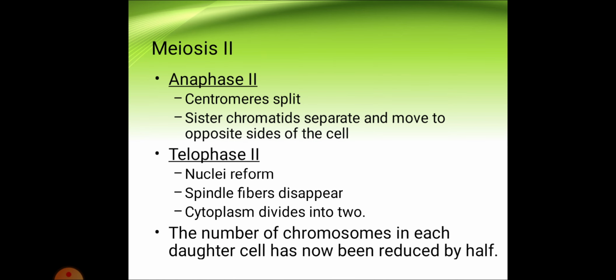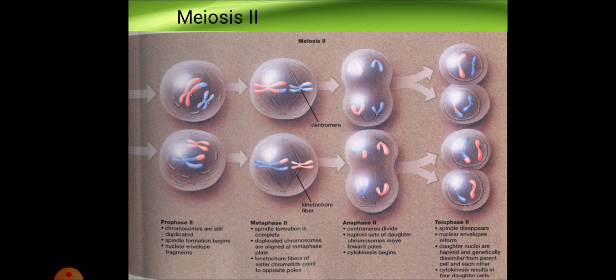Always remember, the number of chromosomes in each daughter cell has now been reduced by half. Okay? That's the last part of meiosis 2. Kung nakikita po natin, dalawang part po siya. Kasi yung two parent po ay naghiwalay. Yan po ang kaibahan ng meiosis 1 sa meiosis 2.